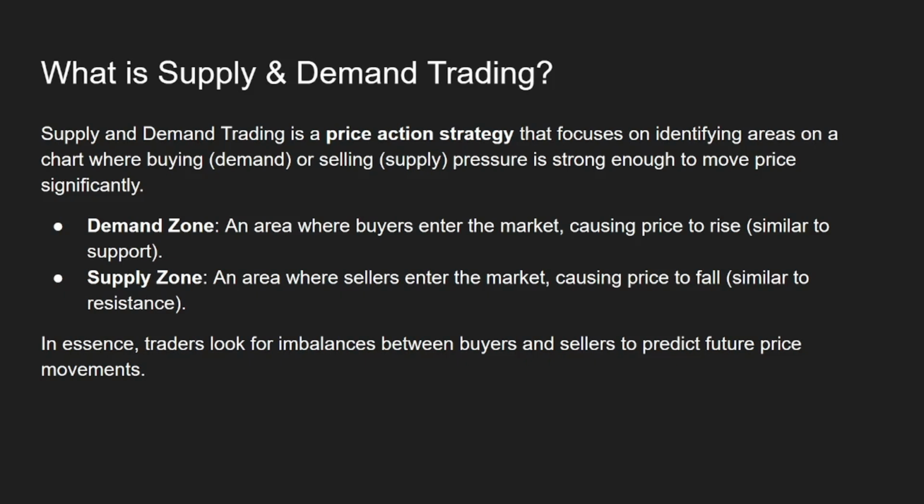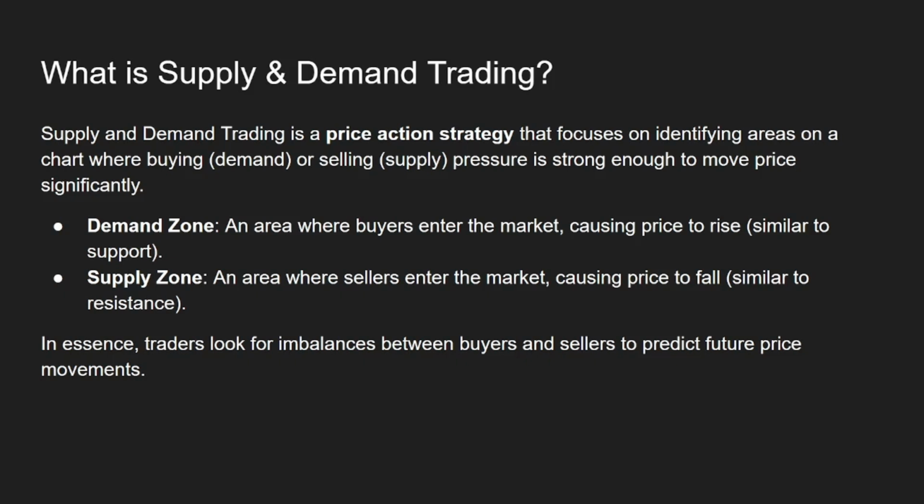So, what is supply and demand trading? Supply and demand trading is a price action strategy that focuses on identifying areas on a chart where buying or selling is strong enough to move price significantly. A demand zone is an area where buyers enter the market, causing the price to rise, similar to support.